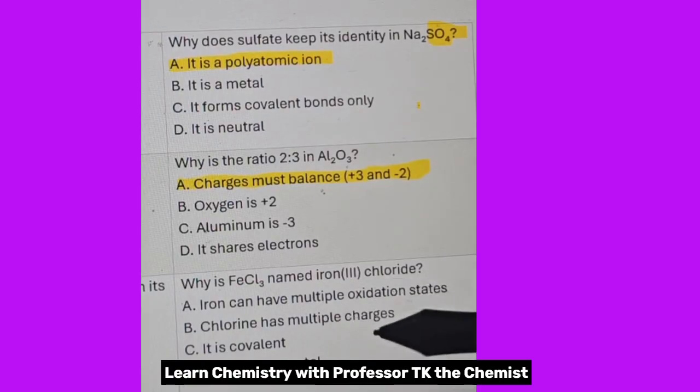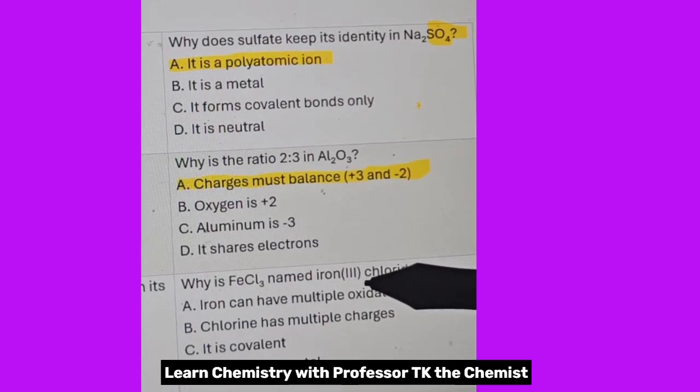Number 6, why is iron Cl3 named iron 3 chloride? Yes, swapping works consistently. It's very straightforward. This is the answer right here.